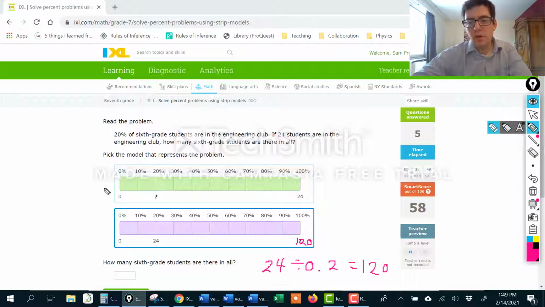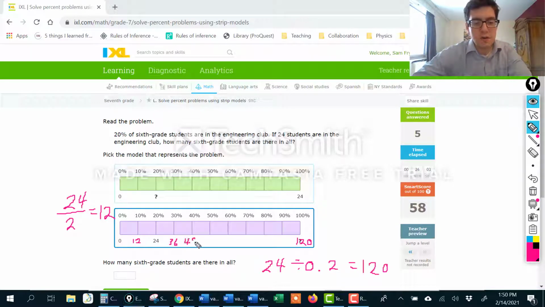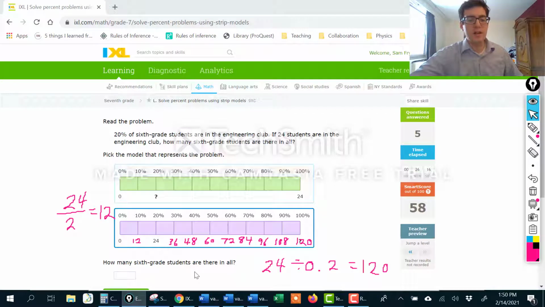So 24 divided by 2 is 12. So it looks like we're counting by 12s each time. 0 plus 12 is 12, plus another 12 is 24, so that works. And then 36, 48, 60, we're just counting by 12s over here. 96, 108, and 108 plus 12 is 120. So that's another way we could have figured out that answer.